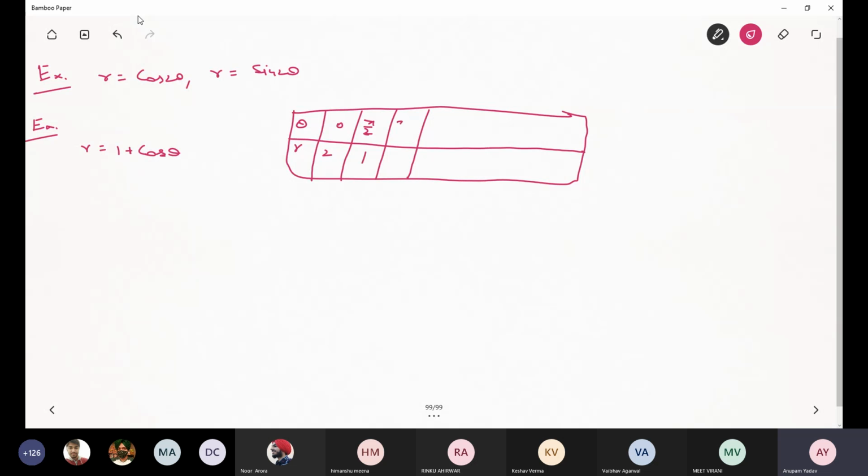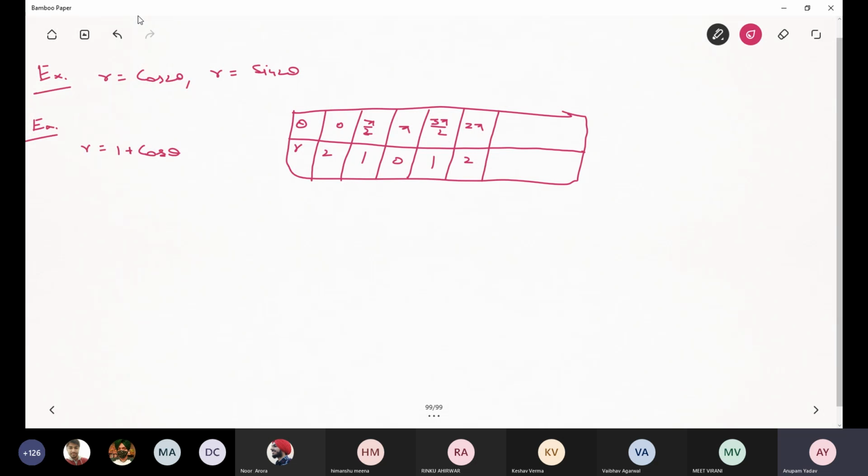At theta equal to pi, r is 0. At theta equal to 3 pi by 2, again it will be 1, and when theta equals 2 pi, again it is 2.